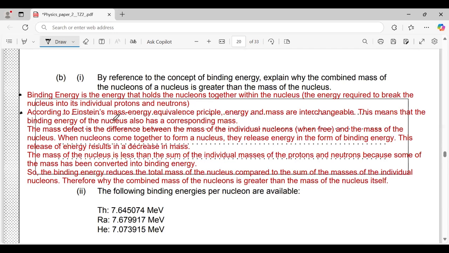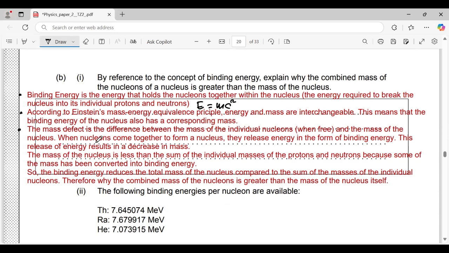The second, according to the Einstein mass-energy equivalence principle, energy and mass are interchangeable. It means that the binding energy of the nucleons also has a corresponding mass.